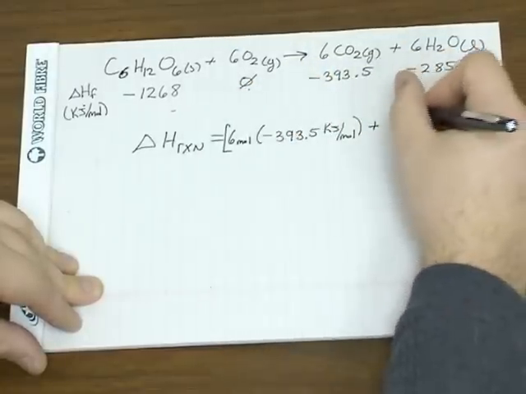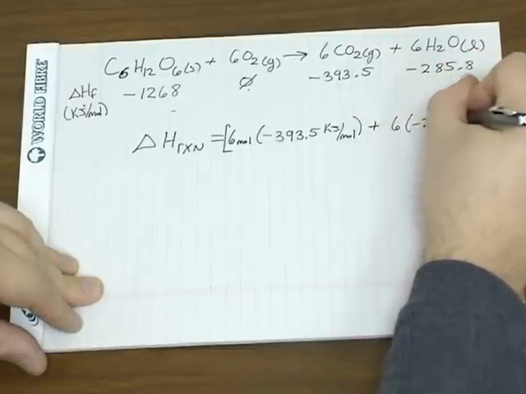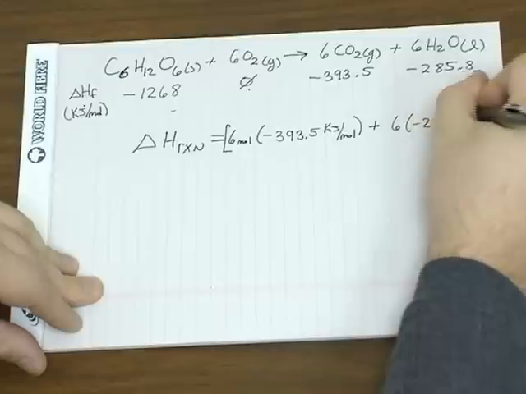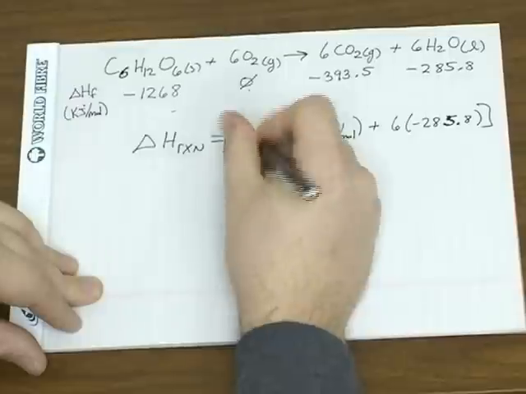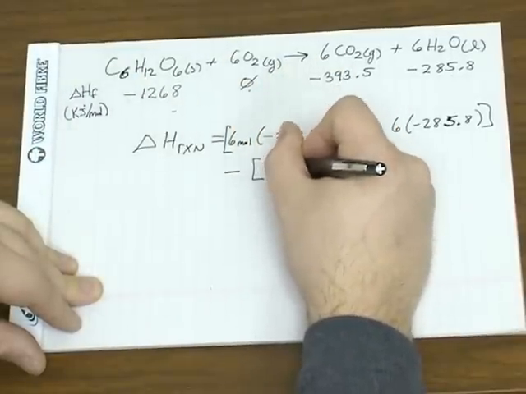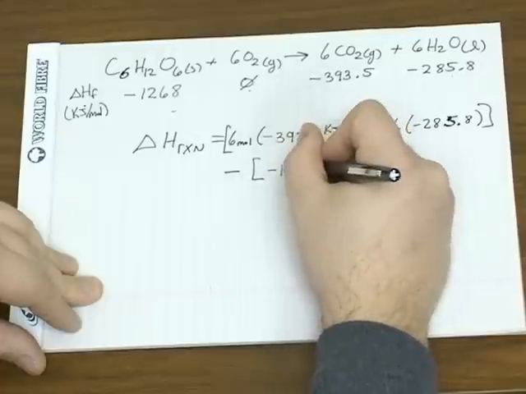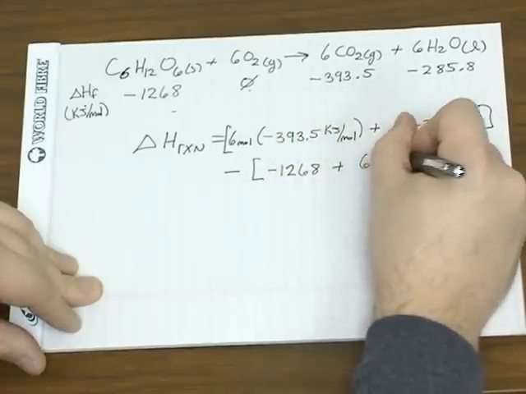So again, you add up the product side, which for water would be 6 times negative 285.8, minus the sum on the reactant side. So it'd be 1 times negative 1268 plus 6 times 0.